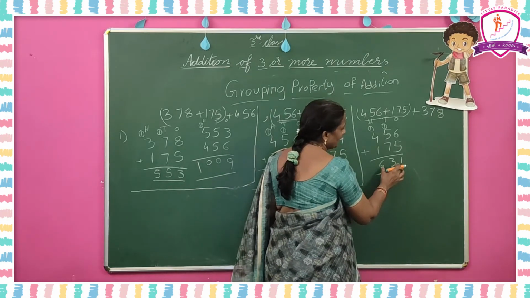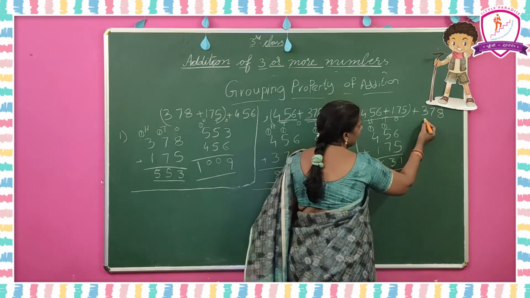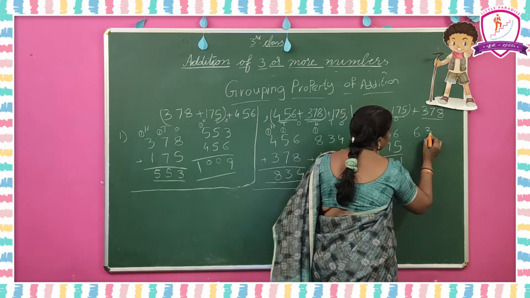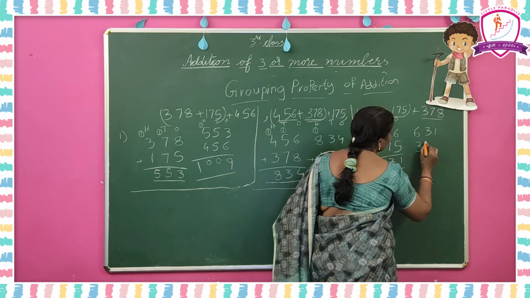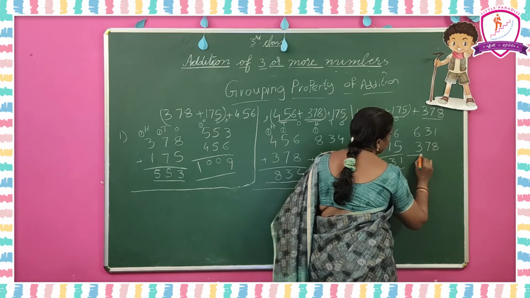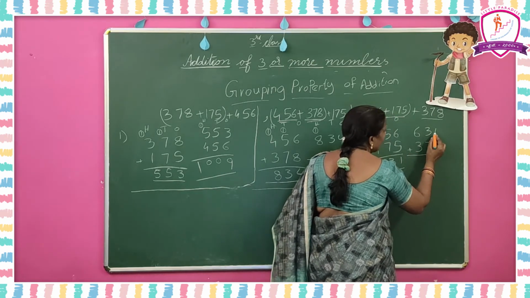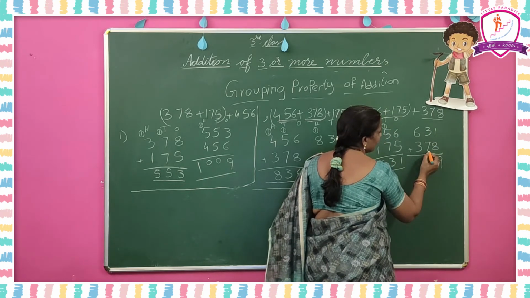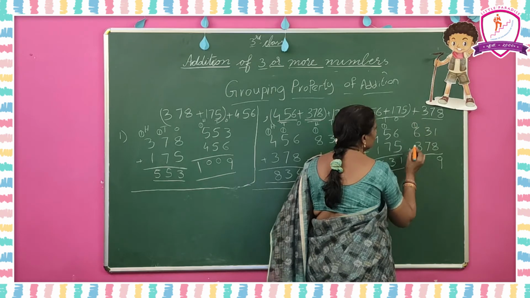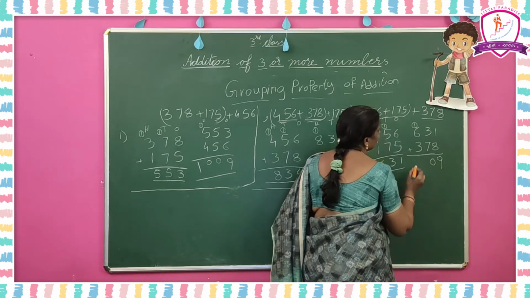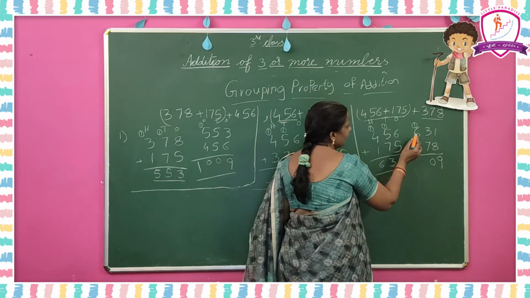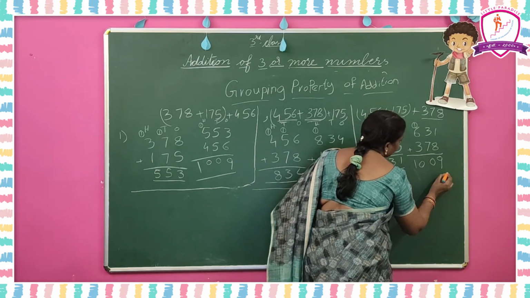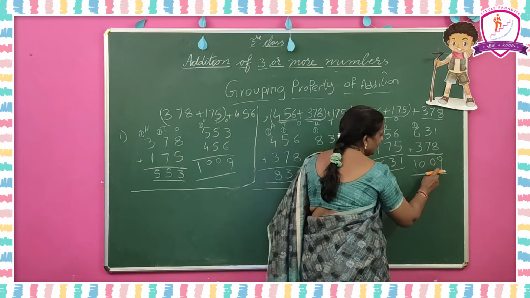Now we have to add 631 and 378. 1 plus 8, 9. 3 plus 7, 10. Carry forward 1 to the hundreds place, write 0. 1 plus 6, 7 plus 3, 10. The answer is 1009.